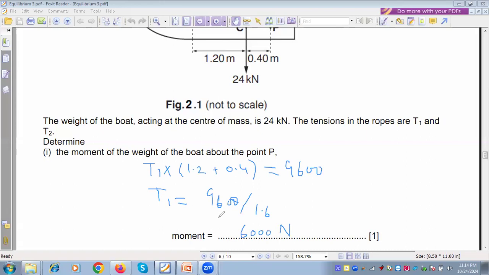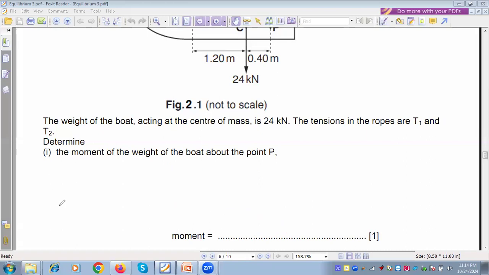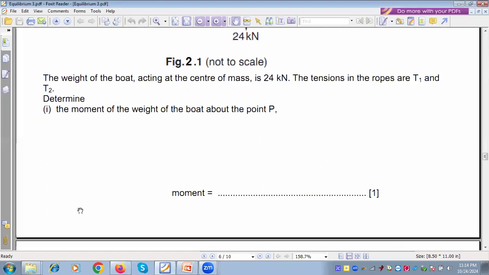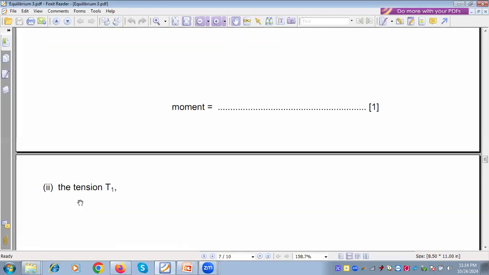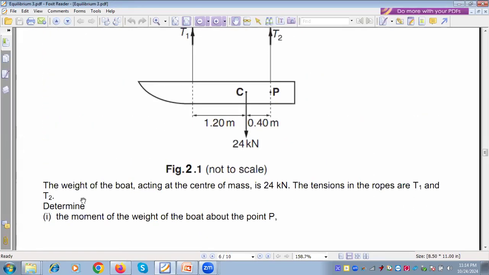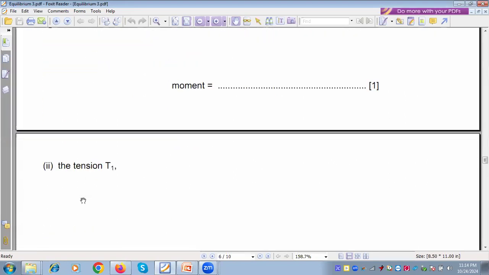And what is the value of T2? We can find it out by applying the first condition of equilibrium. Tension in T1 is already calculated.